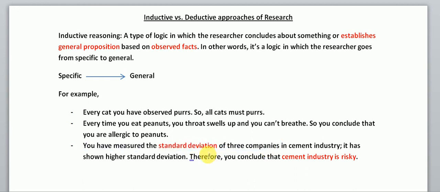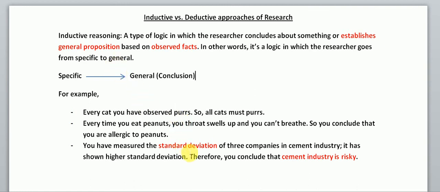So dear students, in simple words, in inductive reasoning, we observe something specific, and based on those specific observations, we are concluding something general, right? So this is the conclusion. In other words, in inductive reasoning, we try to develop theories, some general proposition.